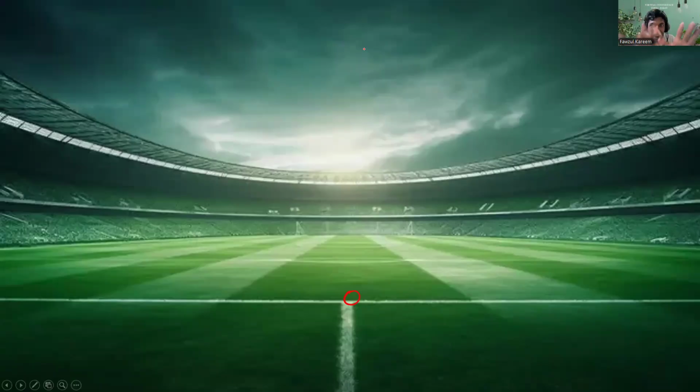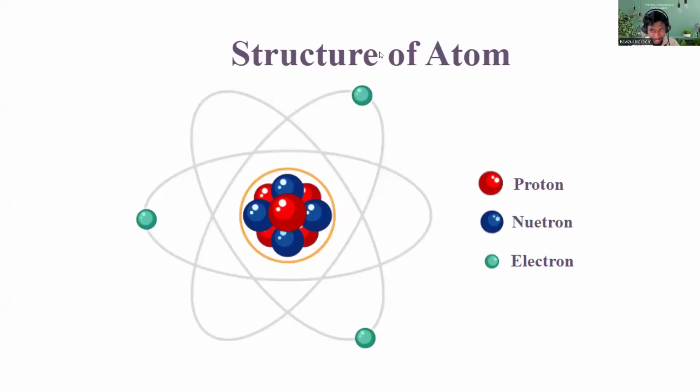Because the area of the ground is big. When we compare the sizes, the chickpea is very small. Same like that, the atom is already small, and when we compare the size of the atom and the nucleus, the nucleus is very, very small, same like the chickpea and the ground. So in the images we see a very big nucleus at the center, but for the illustration they have shown it like that. Actually, the size of the nucleus is very small.